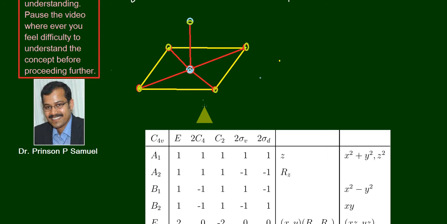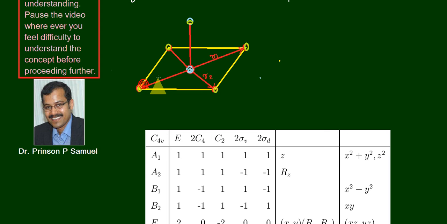So first of all, we have the C4 axis, and the C4 axis is this axis itself, right? For example, I will take the vectors through the bonds. Okay, so these are the bond vectors. This is R1, and this is another bond vector, that is R2.